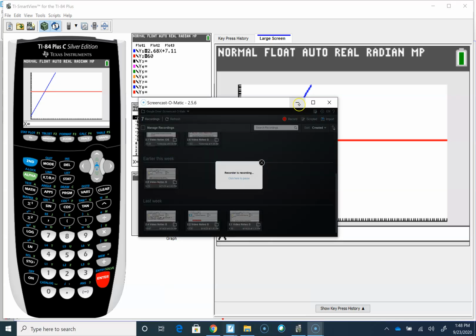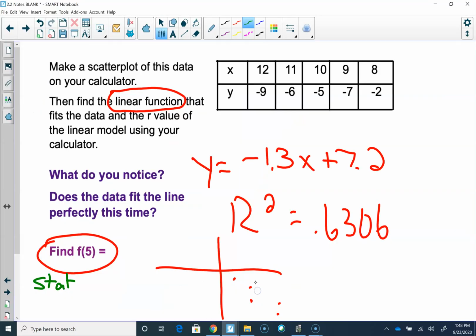Actually, we're not going to do it that way. Let me go back to here. We're going to take our 5 and we're actually just going to drop it right there to find 0.7. So we're not going to do that on this one.